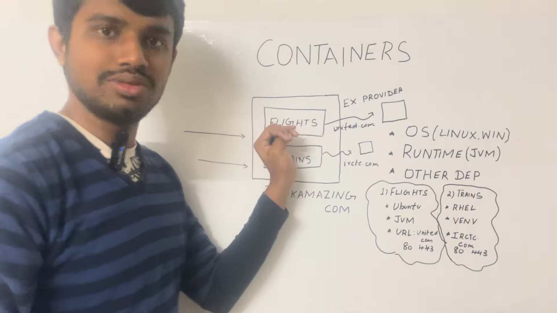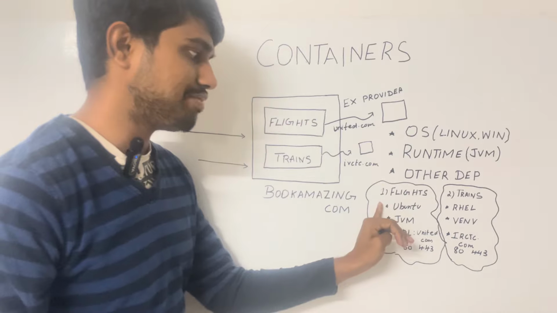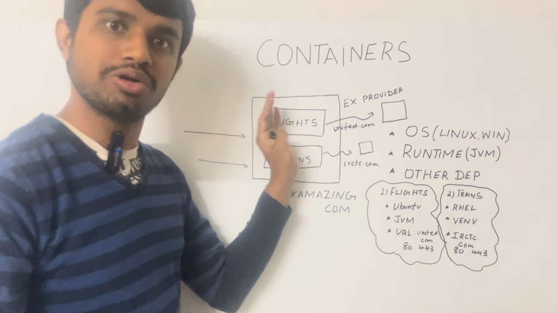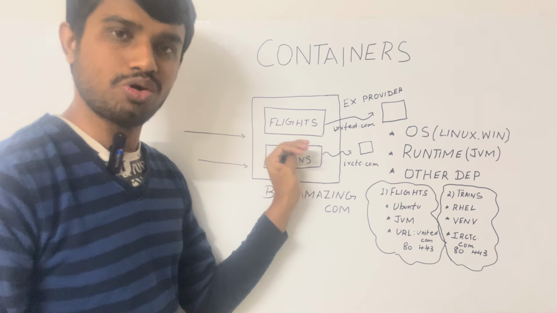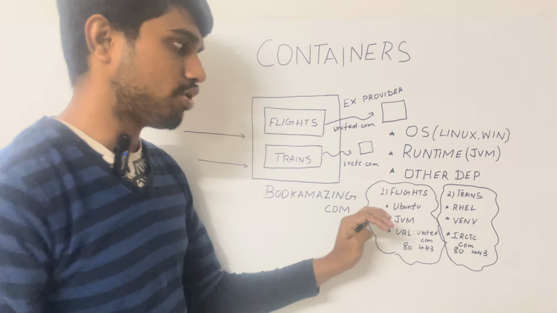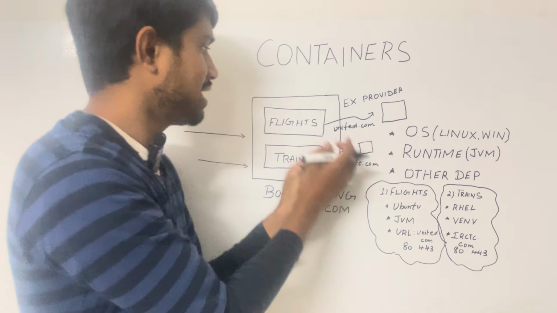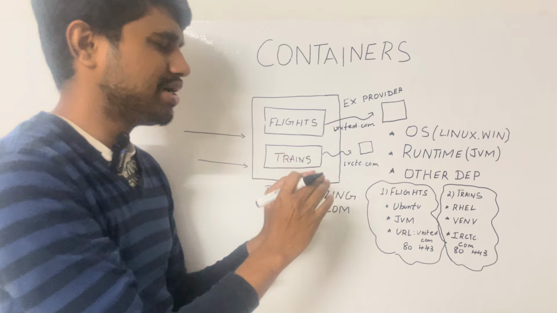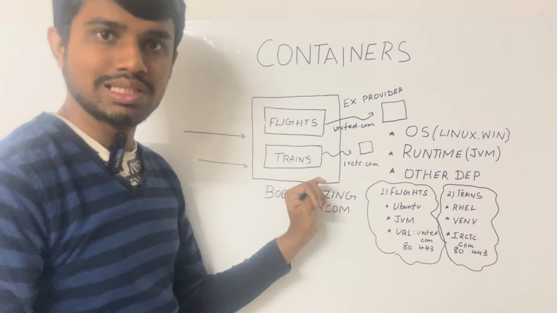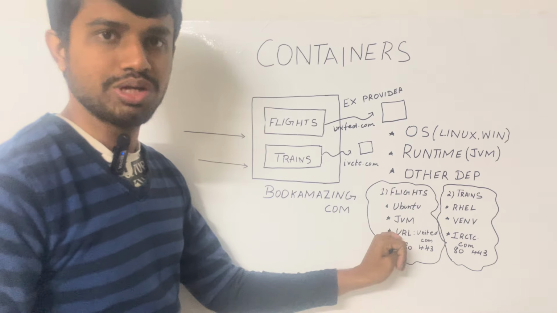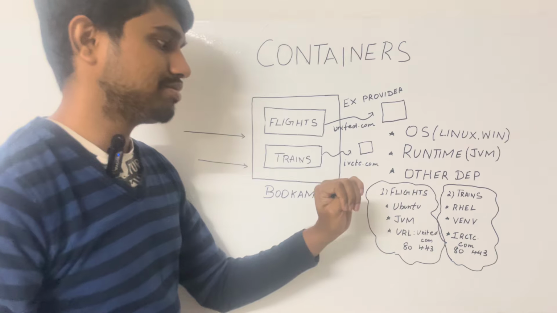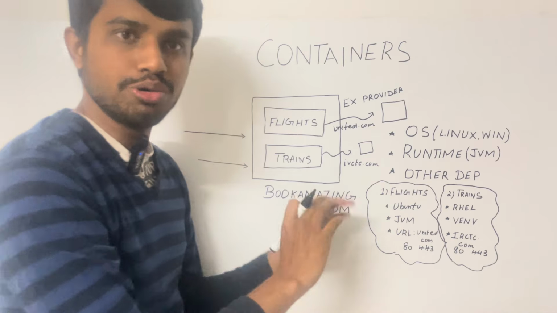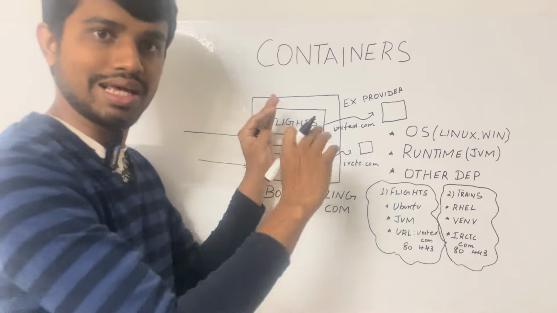So in the computer, instead of having Ubuntu, JVM, venv, RHEL, the computer will stay as it is, with its own operating system, and on top of it, it will package this and deploy this. So your base computer will not be affected, and from your base computer, whatever storage you need, whatever other configurations you need, these two things don't interfere with each other.